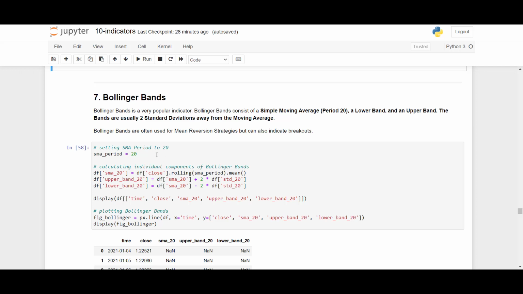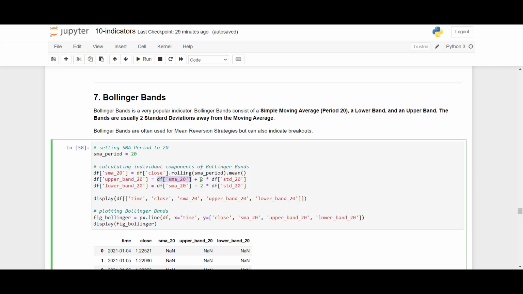So here I set the period of my SMA to 20. And to calculate the SMA, that is very simple. This is already done in example 1. So we take rolling the SMA period and calculate the mean. And as already explained, the upper band is 2 standard deviations above the simple moving average.